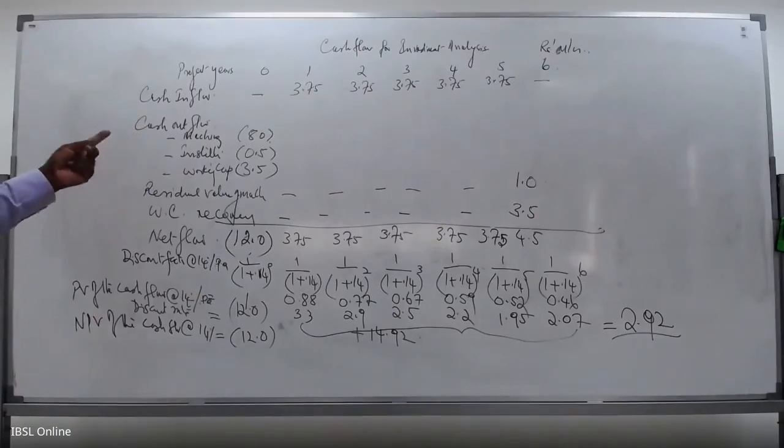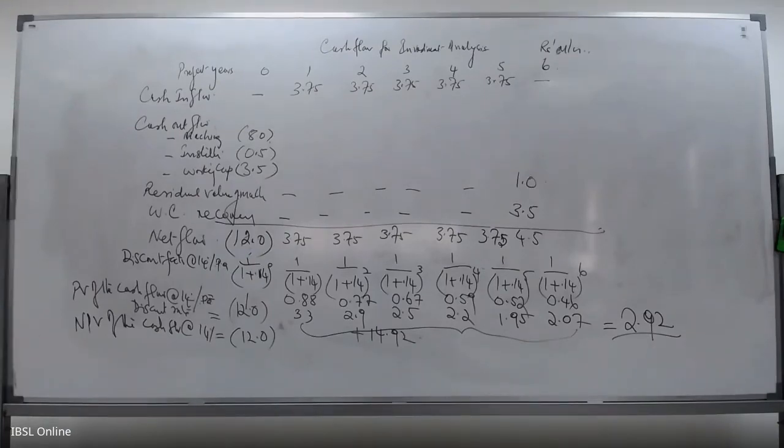Since at 14% this is positive, we have to increase the discount rate and see. Now at 14% we are getting plus 2.92, so we increase, maybe using a 5% difference, to 19%.